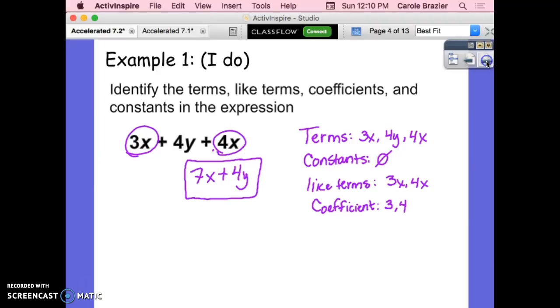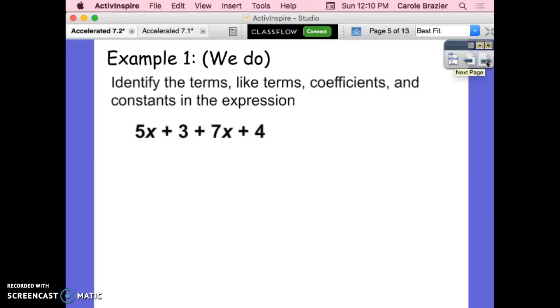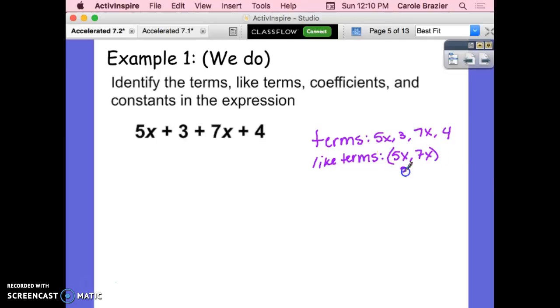Okay? So this next one, identify the terms, like terms, coefficients, and constants in the expression. The terms for this one would be 5x, 3, 7x, and 4. Your like terms would be 5x and 7x, and then 3 and 4.